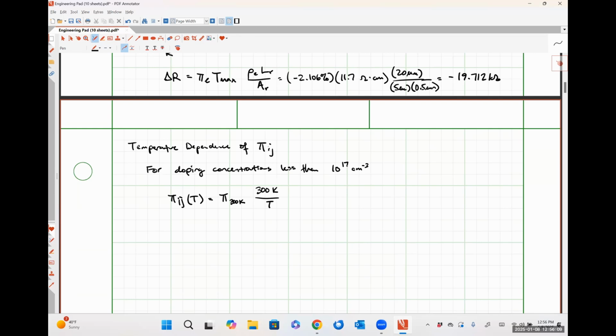So 10 to the 17, I believe, as I mentioned in our last class meeting, would be what we would consider like a normal doping concentration that we weren't using for implants or something like that, that we needed to make highly conductive. That's when you get into the 10 to the 18, 19 range, which we would consider N plus or P plus material.